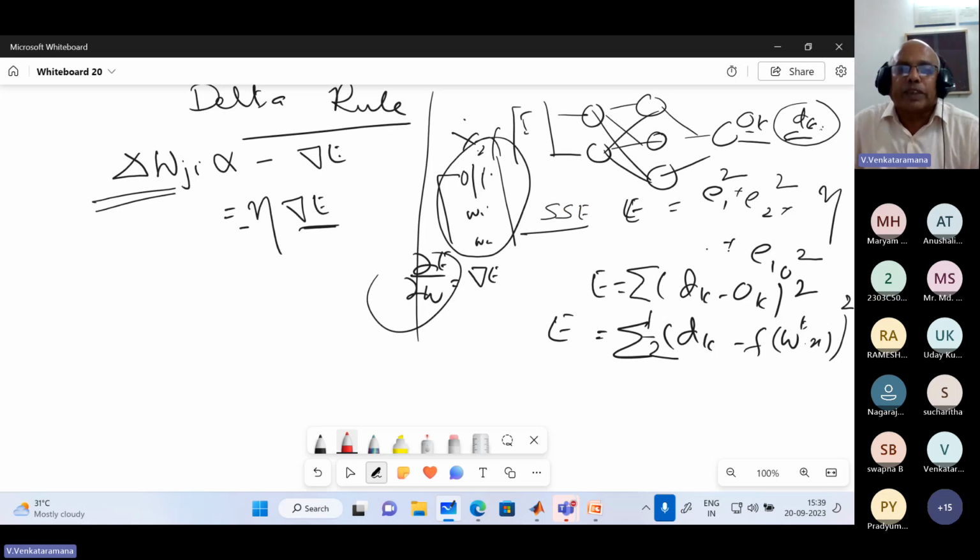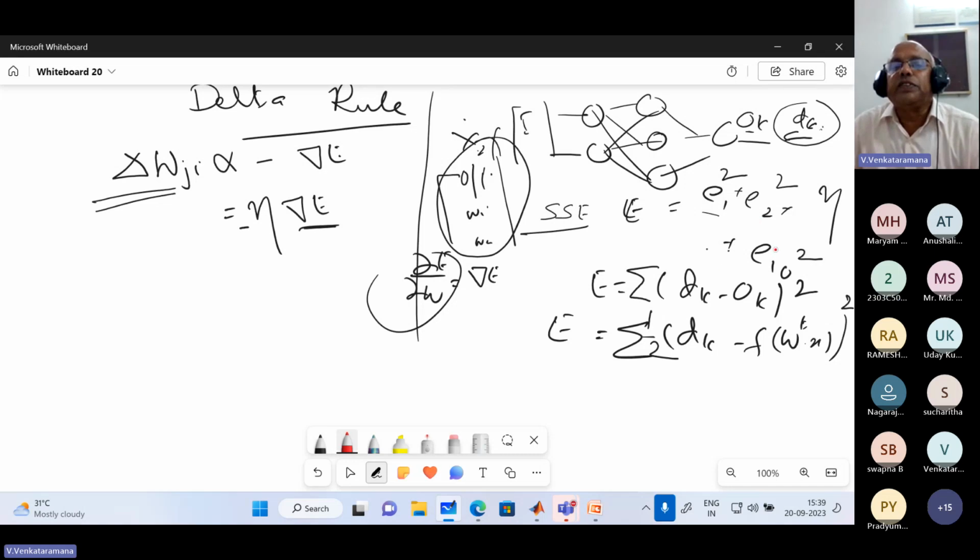I present pattern 1 and get error E1; pattern input 2, I get error E2, like that. If I take the algebraic sum, there is a possibility that the error may become 0. Therefore, I take the squares of the errors: E1 square plus E2 square plus E3 square up to E10 square.